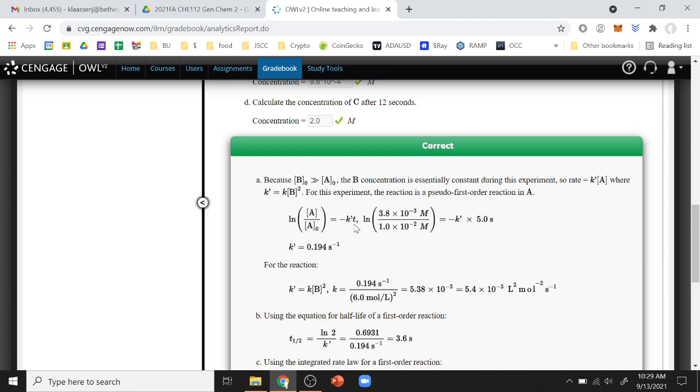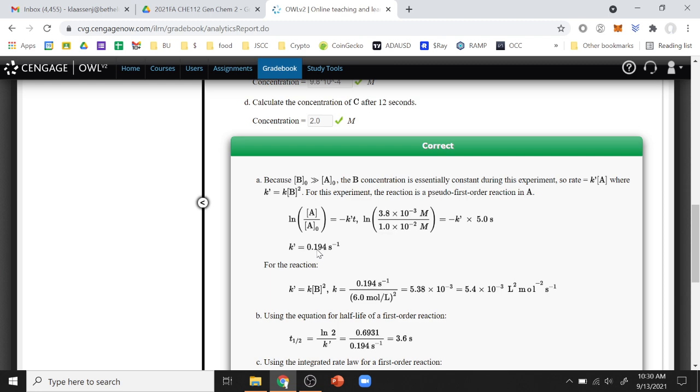That's going to equal the negative K prime times T. And so I put my values in for my natural log, so natural log of the number I got for that time, divided by what we started with. That's going to be equal to negative K prime times 5 seconds, right? I go ahead and do this in my calculator. I divide it by 5. And I'm going to get K prime equals this number here.